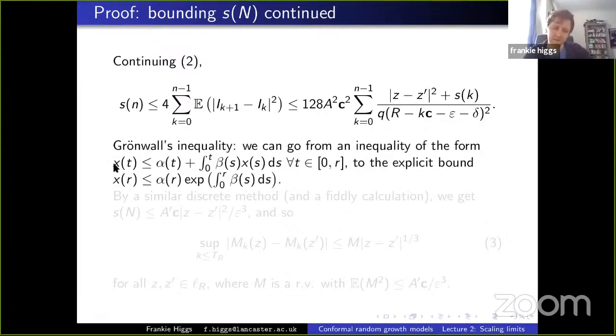I don't want to go into this too much, but it's kind of a continuous time version of the same thing. If we have a bound on x, t, in terms of both a function independent of x and the integral of x against some other function b(s), some weighting function b, then we can turn that into an explicit bound. We can kind of pretend that this inequality is an equality and solve for a bound.